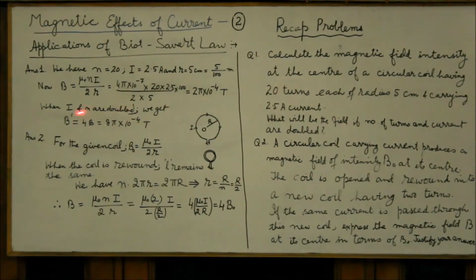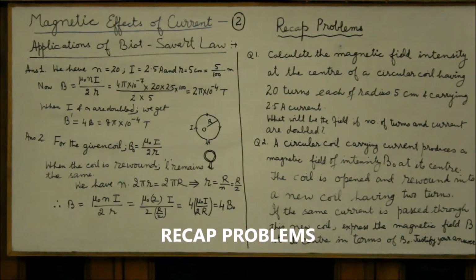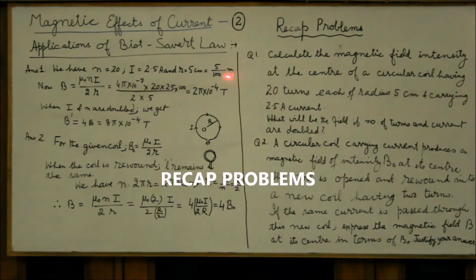For part 1, we have n equal to 20, the number of turns, the current I is 2.5 amperes, radius is 5 centimeter. Note that this is not an SI unit, so change it to meter, 5 by 100 meter.